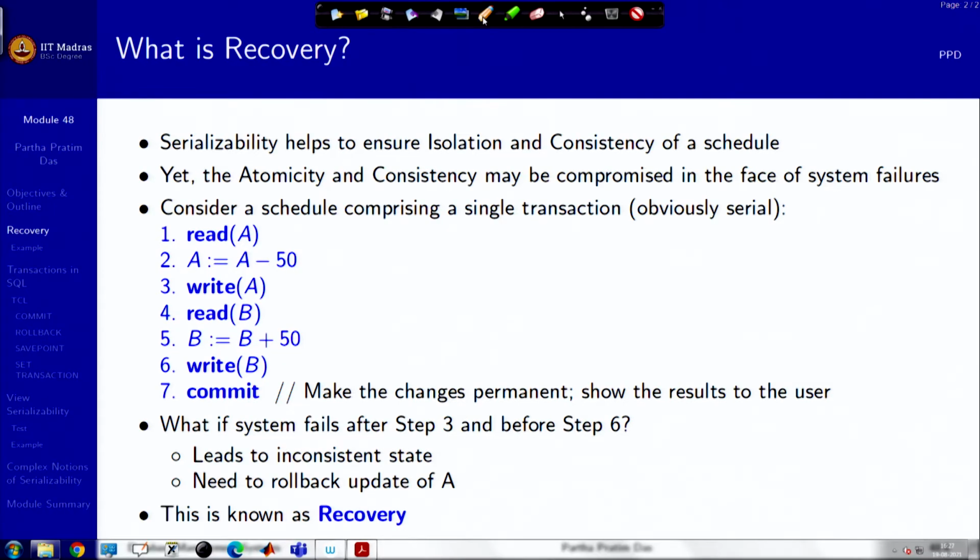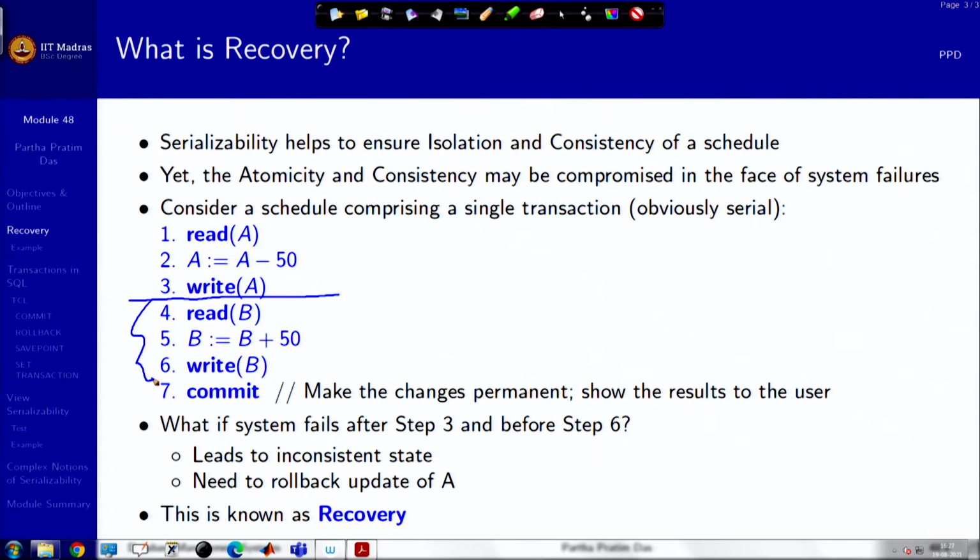Here is a serial schedule which is transferring 50 rupees from account A to account B, and after the commit, naturally the results will be visible to the user in the database. But what if the system fails after A has been written, somewhere before the commit has happened? What will happen between steps 4, 5, 6?